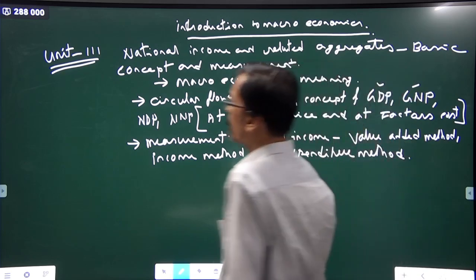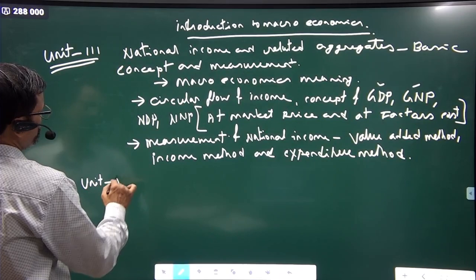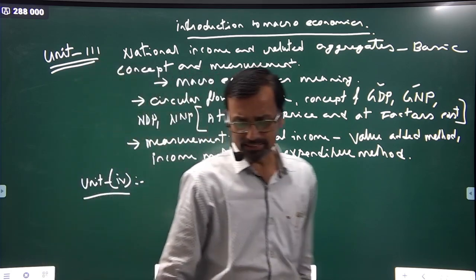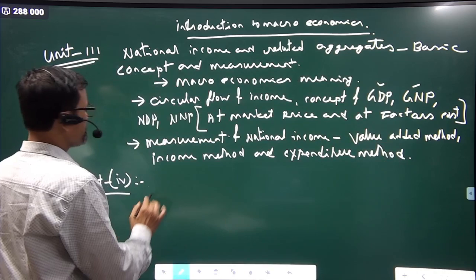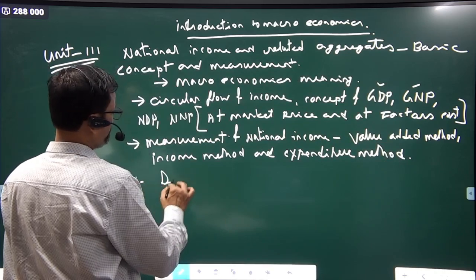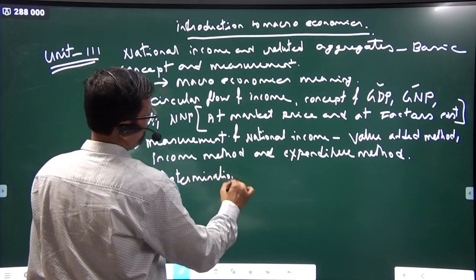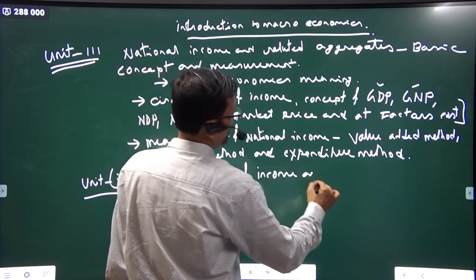Next, come to unit 4. Unit 4 means determination of income and employment. In this chapter we will study determination of income and employment.